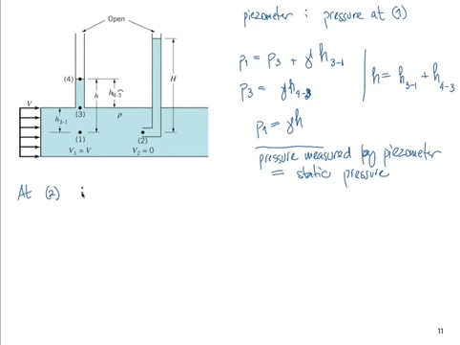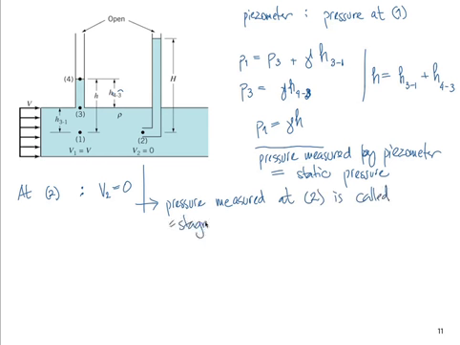So at 2 the velocity is equal to 0. Velocity inside the little tube is 0. And for this reason, the pressure measured at 2 is called the stagnation pressure. The fluid becomes stagnant. It enters that little pipe and stops in its tracks.